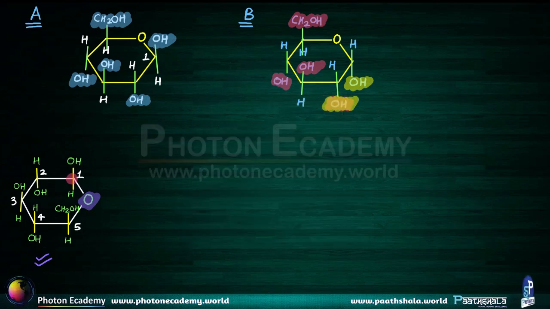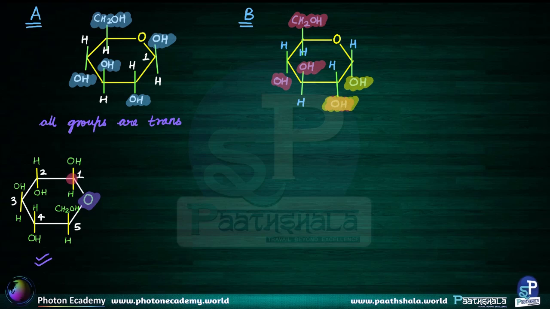So what is the differentiating factor here? It is that in A, all groups are trans to each other. And in B, I have got C1 is this, and the rest are all trans.